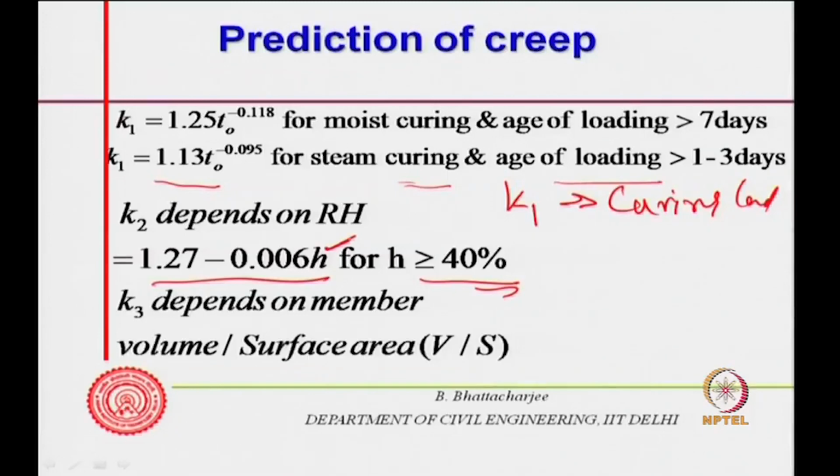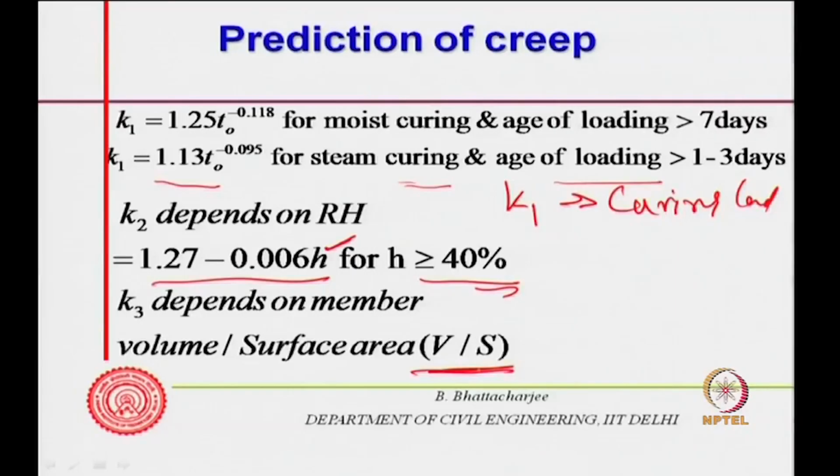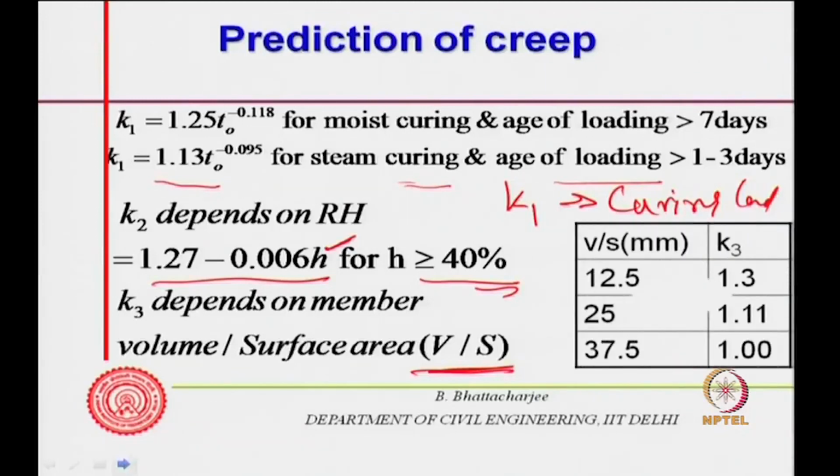K3 depends on the member volume to surface area ratio. We have seen that this is a factor, and part of the table is reproduced here, not really the full table. Volume to surface area ratio 12.5, it is 1.3; 25, it is 1.1; 37.5, it is 1.0.